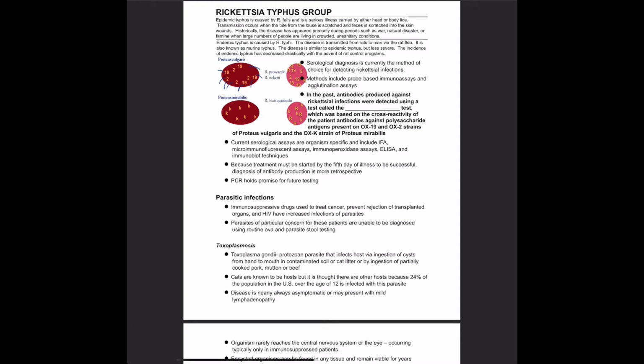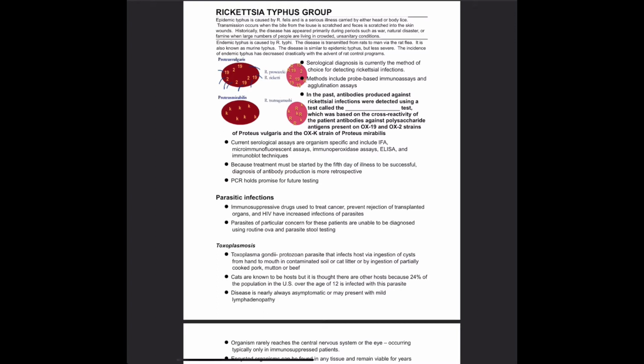That's W-E-I-L hyphen F-E-L-I-X, which was based on the cross-reactivity of the patient antibodies against polysaccharide antigens that are present on OX19 and OX2 strains of Proteus vulgaris and the OXK strain of Proteus mirabilis. Current serological assays are organism-specific and include IFA, microimmunofluorescent assays, ELISA, and immunoblot techniques.